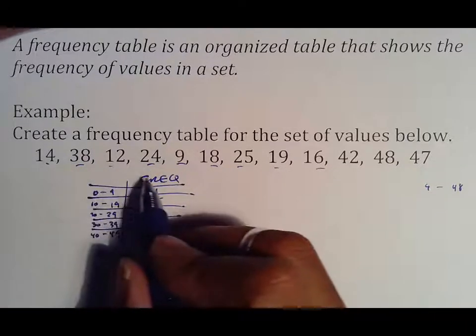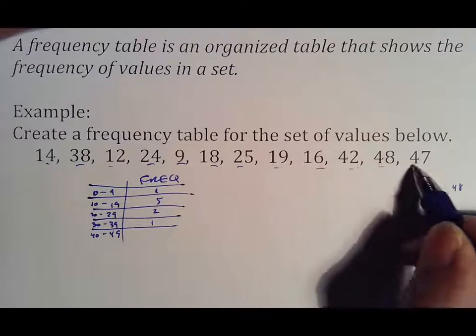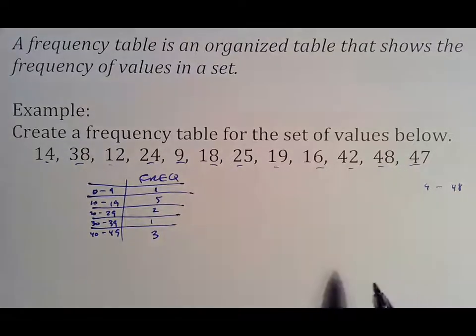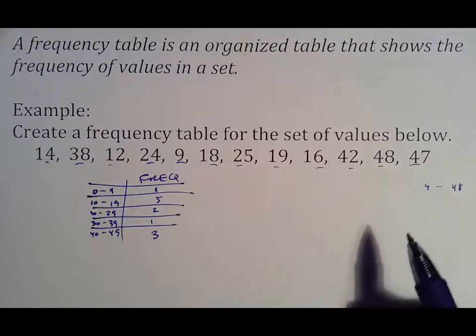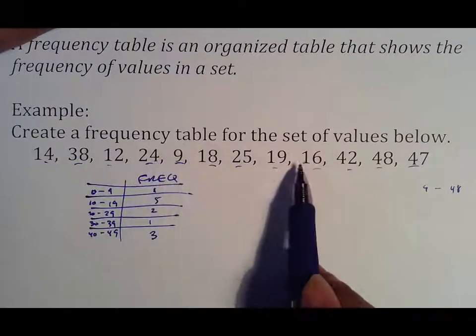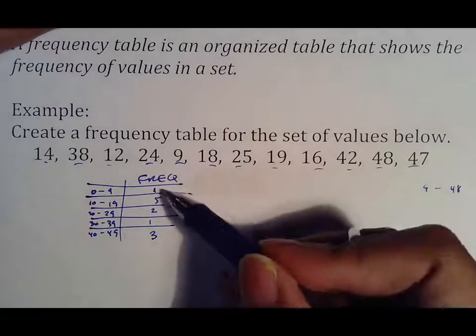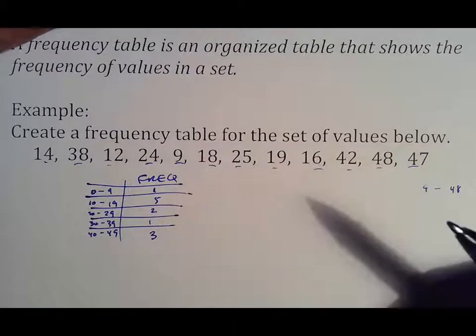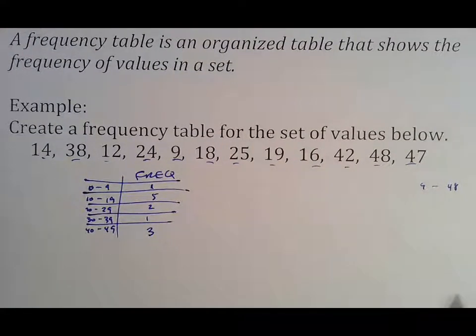And then 40 through 49 is 1, 2, 3. That's your frequency table. Now it is safe to count the values, 1 through 12, and then count the marks, 1 through 12, to make sure everything's there.